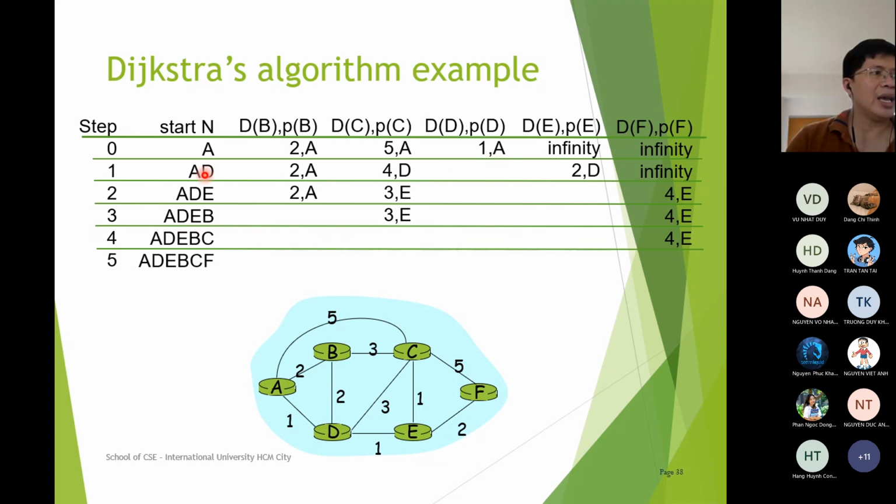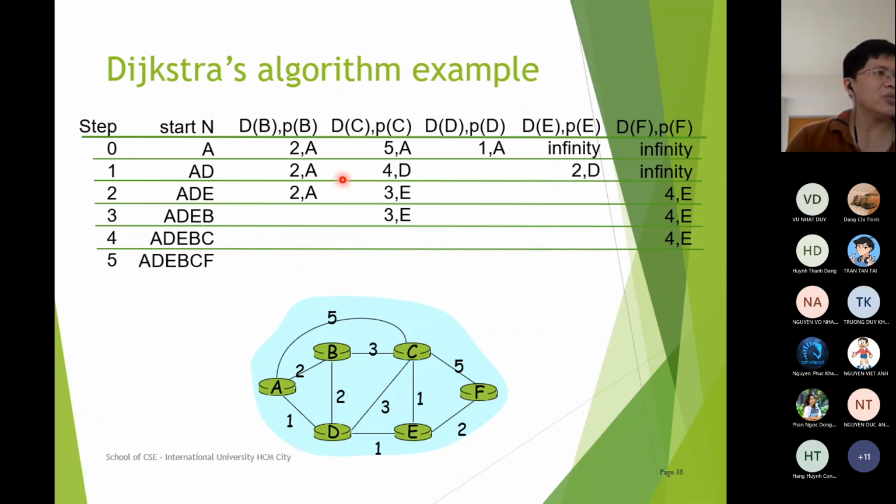The next step, we start with D. So we have D here as the selected node. With D, we try to update everyone else. We update B, but nothing changed. We update C, giving a better distance from A to C. So we update here. We have D to E, so we expand the value here. Based on this row, you can select the smallest number to do next.